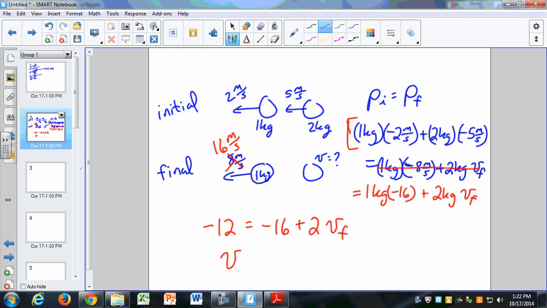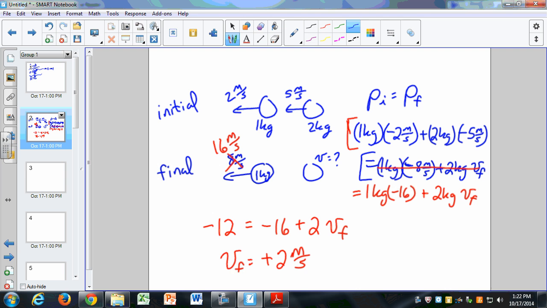And I find that VF is equal to plus 2 meters per second. Whereas before, if I was using these values, have I lost y'all on this? Y'all with me? Negative 12? Oh, that was my initial momentum.